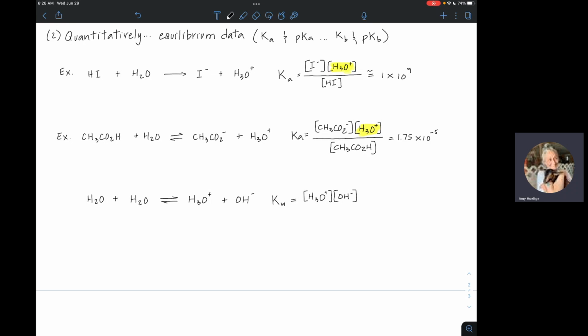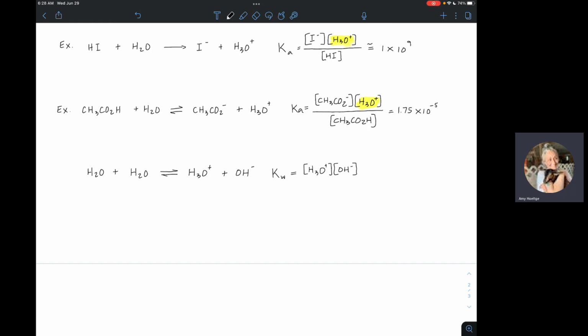And the concentration is the same. Each of these is 1 times 10 to the negative seventh. So the Kw is 1 times 10 to the negative 14th.